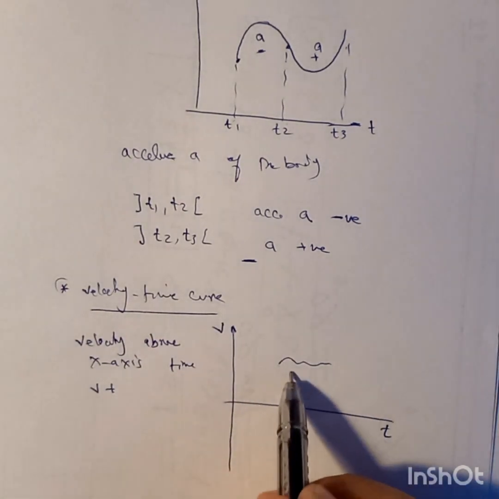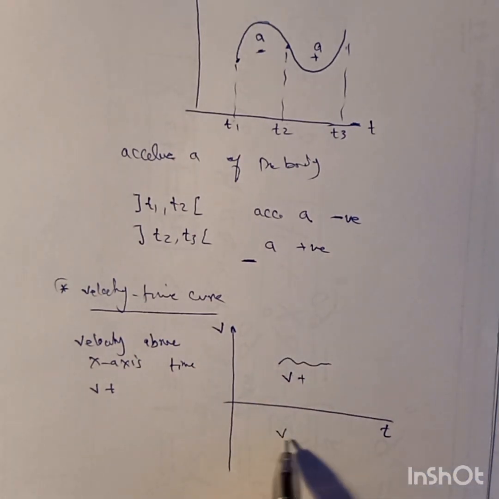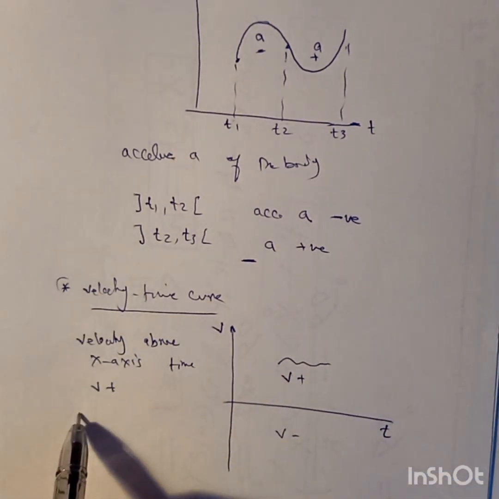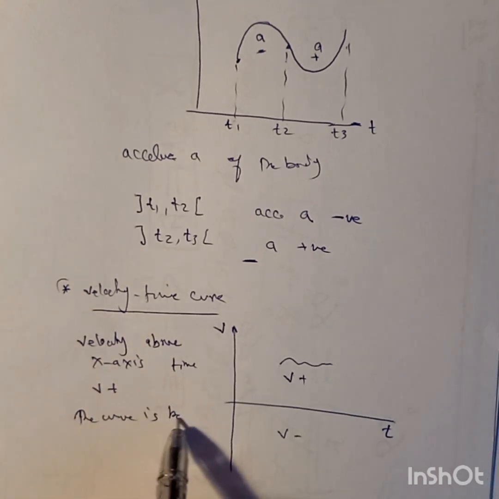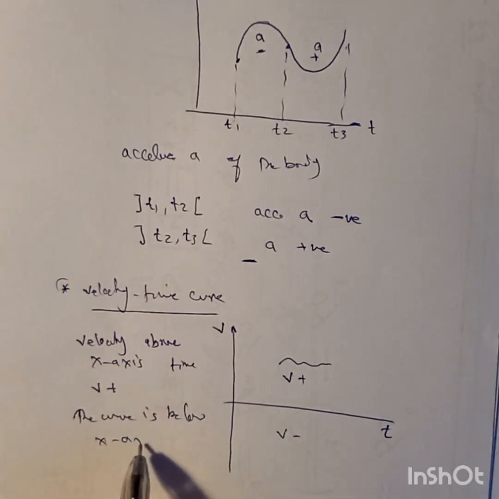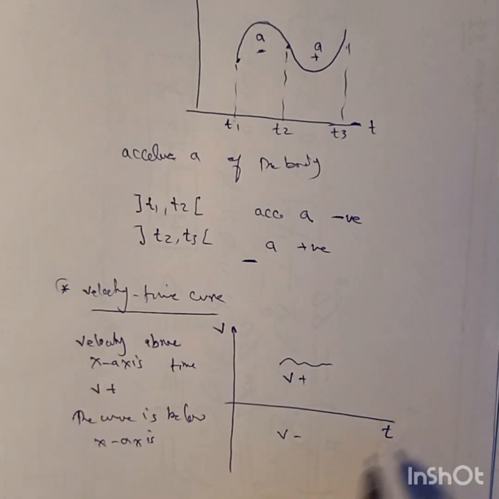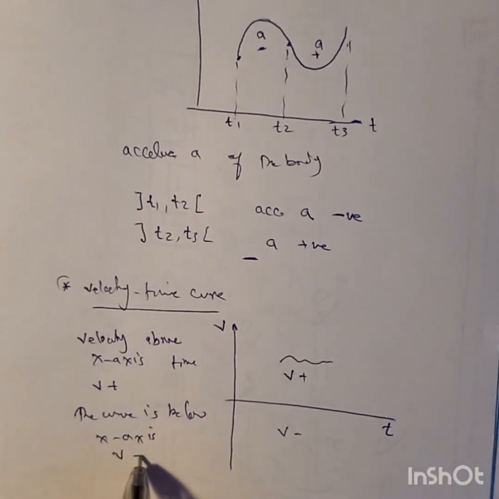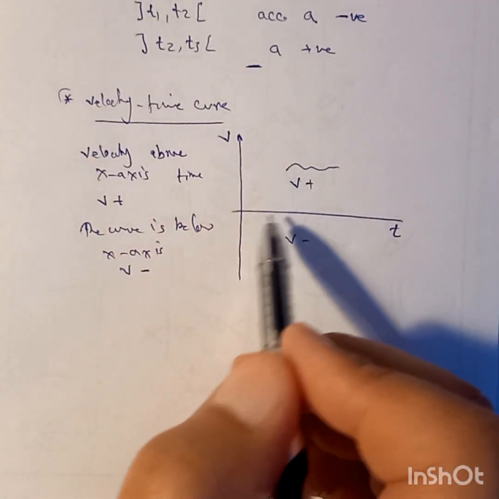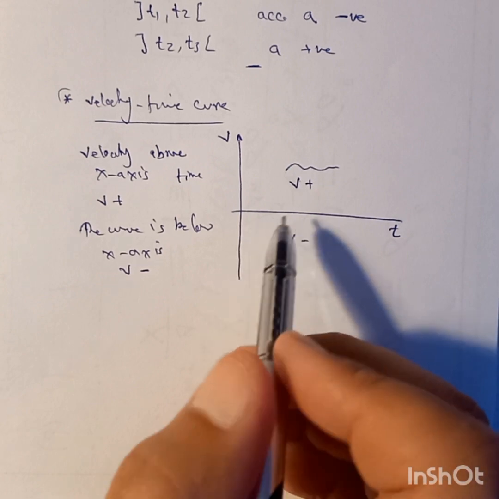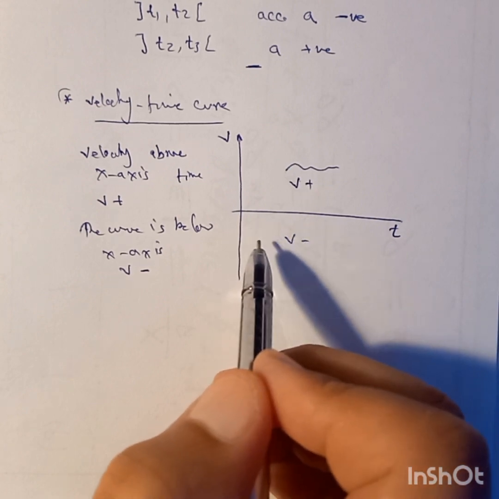Here v is positive and here of course v is negative. If the curve is below the x-axis, which represents time, then velocity is negative. This is the first one. So from this curve we can find out the acceleration of the rectilinear motion of any body.